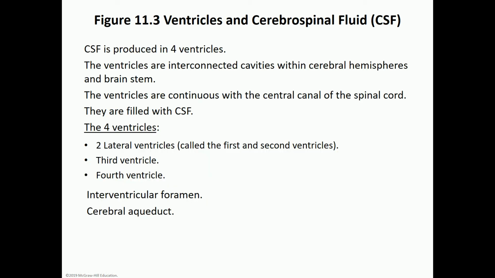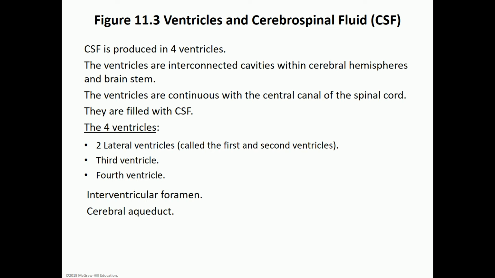Now the ventricles and the CSF. So the CSF is produced in 4 ventricles. The ventricles are basically cavities that are found within the brain. Okay, so each cerebral hemisphere has a ventricle, and those are known as lateral ventricles. So you want to think of these ventricles of the brain. These are totally different than the ventricle of the heart.